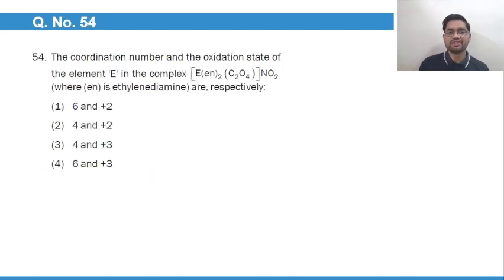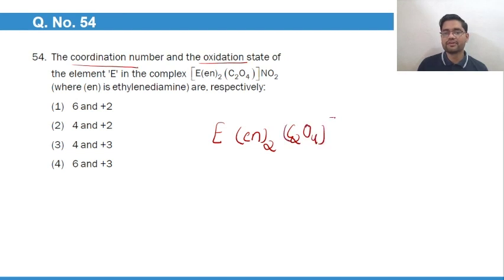Question 54. The coordination number, that is CN, and the oxidation state of the element E in the complex E(en)2(C2O4)(NO2) are respectively. So en is bidentate. C2O4 is also bidentate. So total there are 3 bidentate ligands, so 3 into 2, so the coordination number goes to 6.